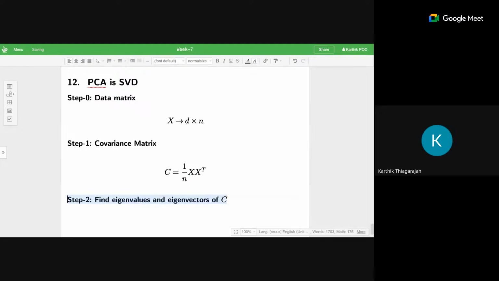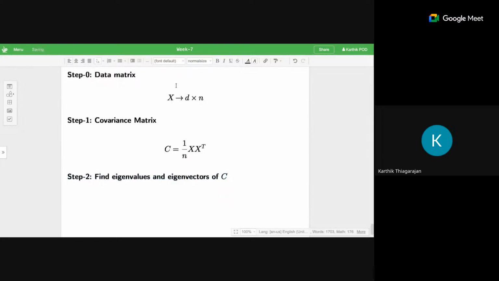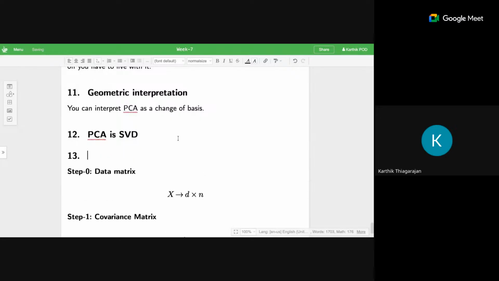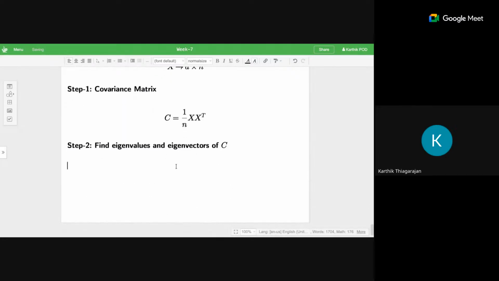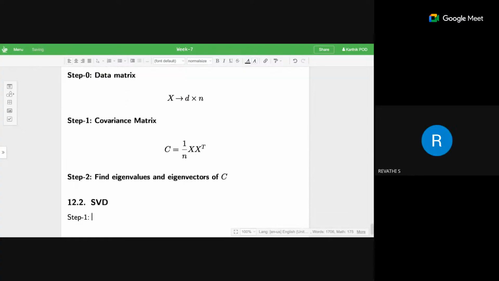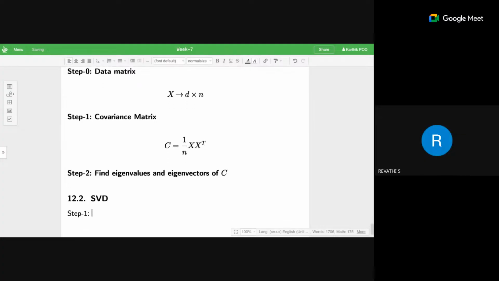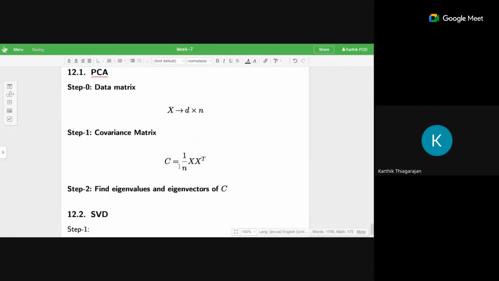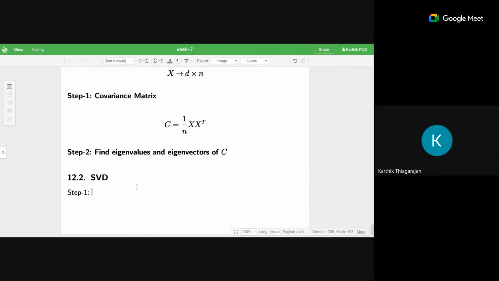So how is this tied to SVD? These are the steps for PCA. Now, give me the steps for SVD. What will be step 1 if you want to find the SVD of A, or in this case, X?